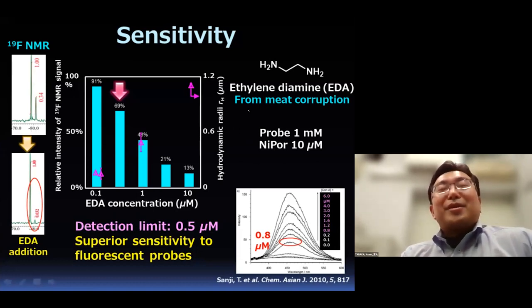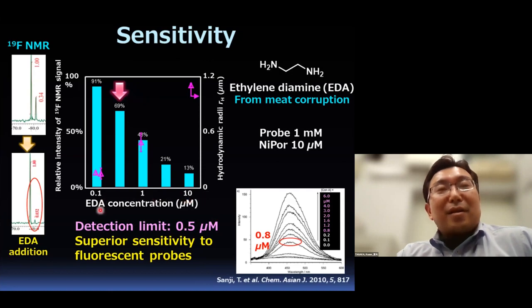By adding the amine molecule, we monitor the change of MR signal. If we obtain a smaller MR signal, this means the detection should be accomplished. By changing the target concentration, we obtain the detection limit at 0.5 micromolar.